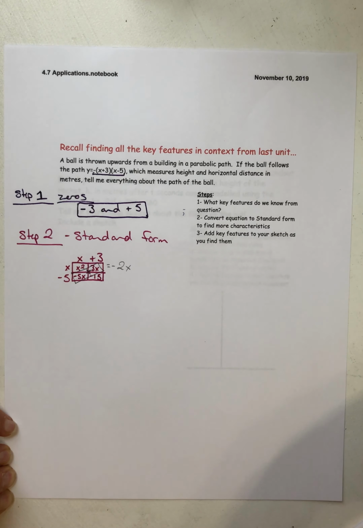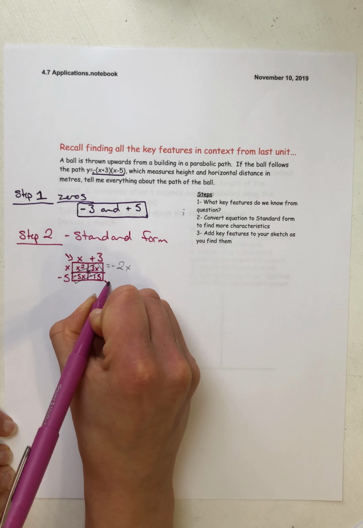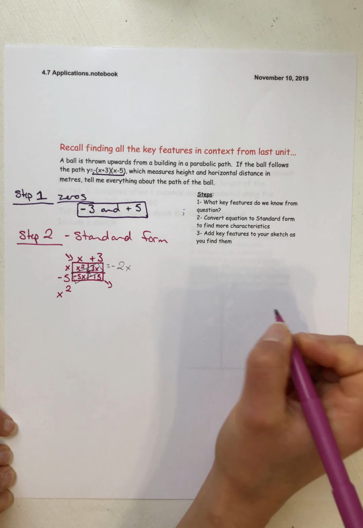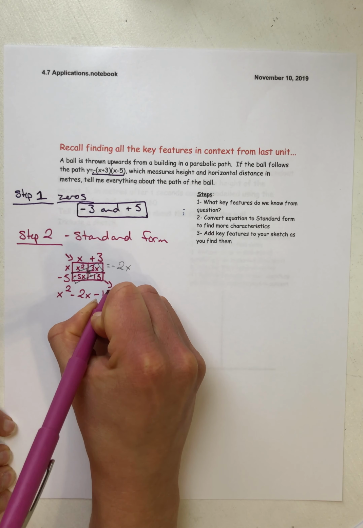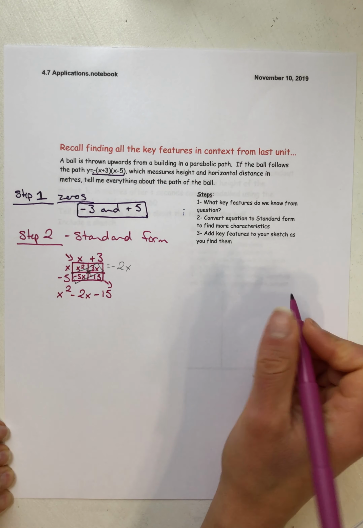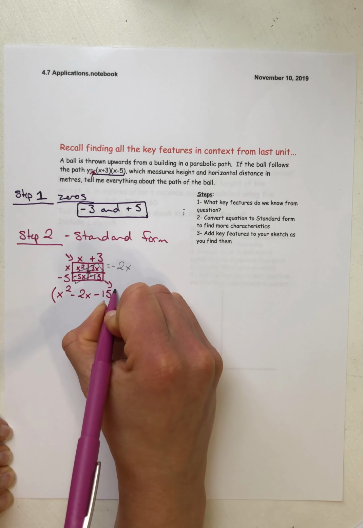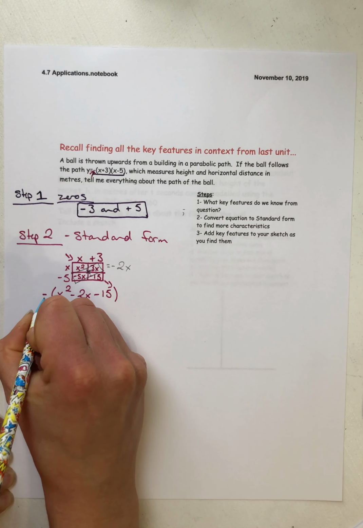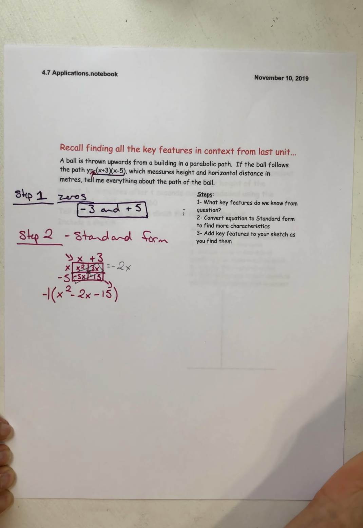Beautiful. And then we get to write our standard form. So when we write our standard form, we write it from here down. So we're going to do x squared minus 2x minus 15. Now remember, we also need to realize that there is a negative in the front here. So we have to bracket these and make sure that it's negative. Technically when there's no number, it just means there's a 1, right?